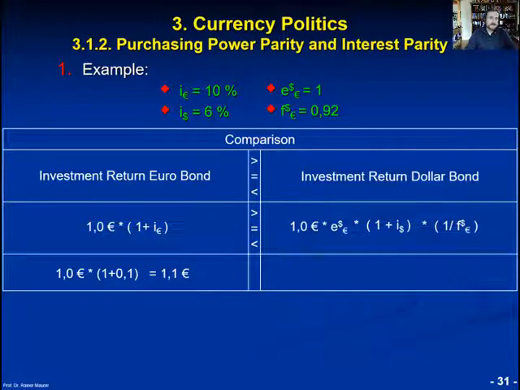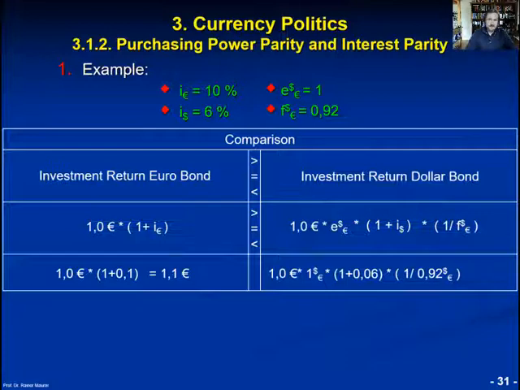Now we can fill in the numbers from our table in this formula: for the spot exchange rate $1 per euro, for the dollar interest rate 6%, and for the forward exchange rate $0.92.